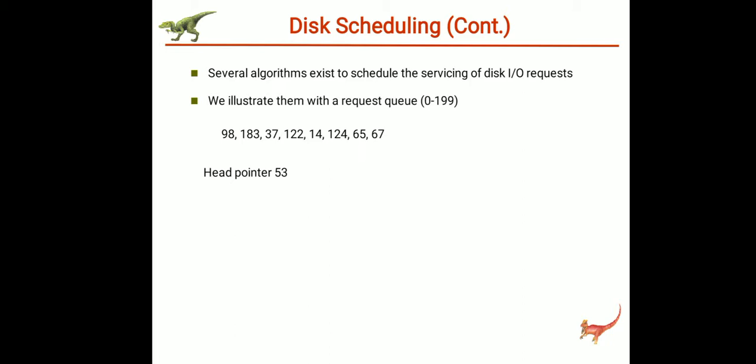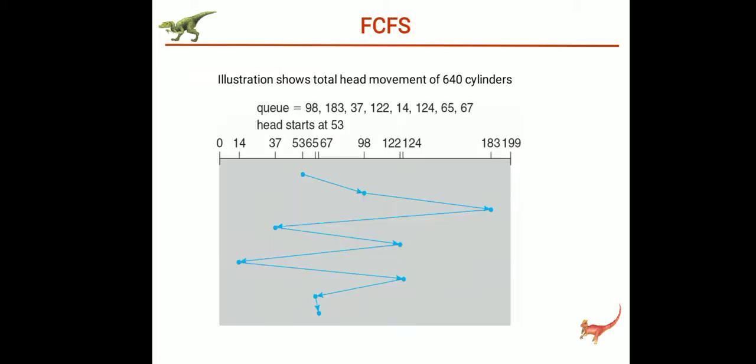The first, very simple scheduling algorithm is FCFS, that is first come first serve. In FCFS, the request which comes first will be served first. But the problem with FCFS is that it does not provide the fastest service. Let's see why this happens.